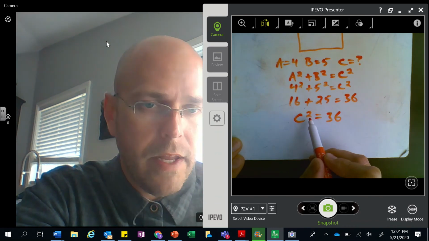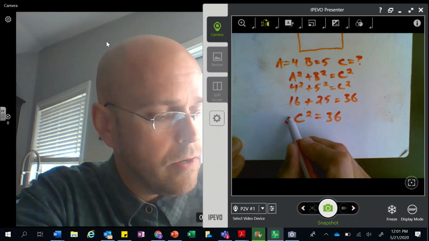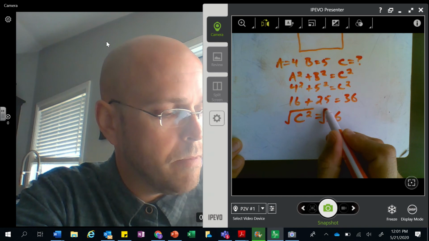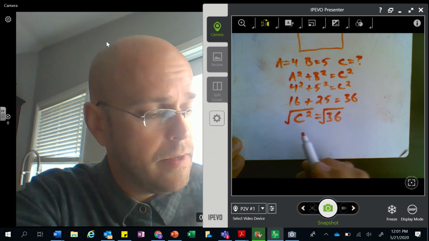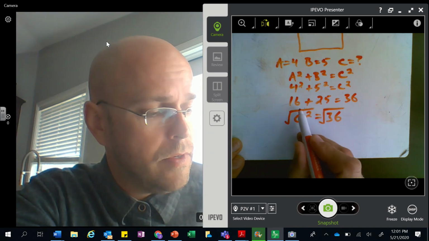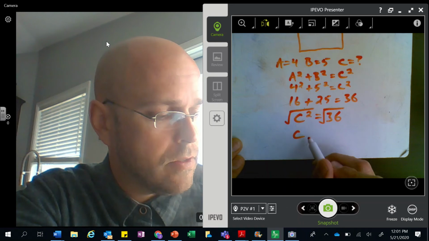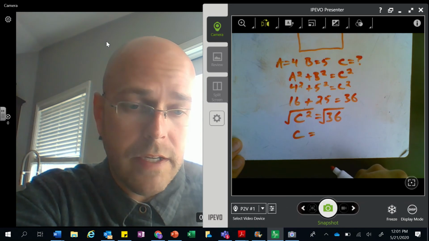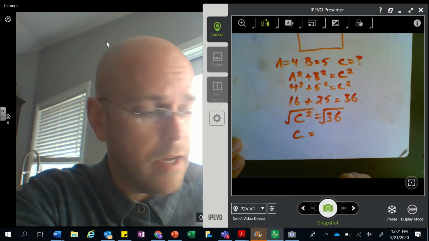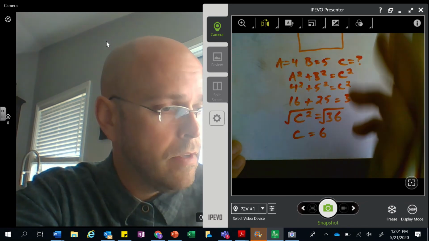Well, how do I get rid of that exponent? I'm going to go to the square root, and do the same to both sides, so it's balanced. Root versus squared cancels. The root of 36, that's what times itself, is 6.